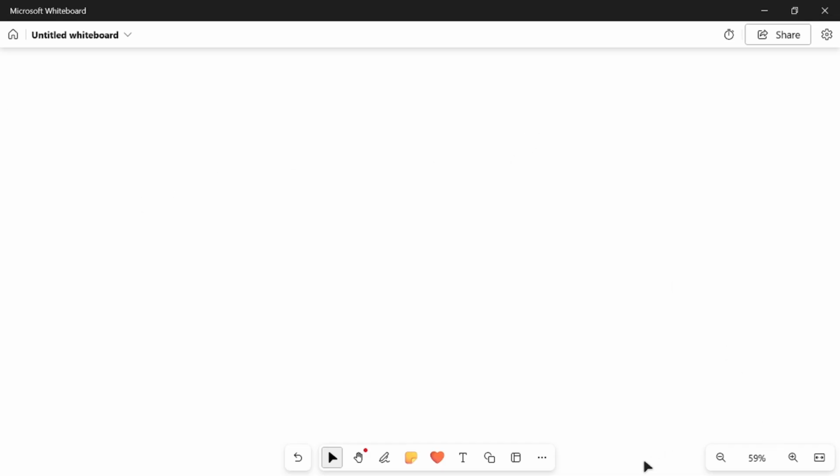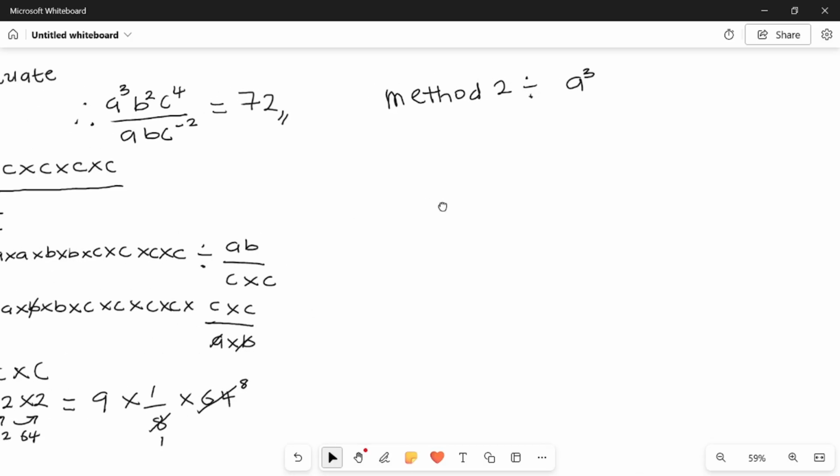method 2. Let's write it here. Method 2 is very direct. Our question was A raised to power 3, b square.